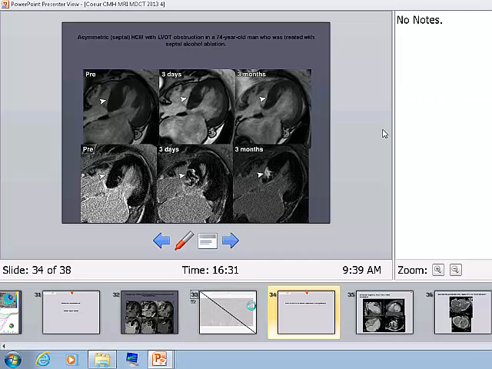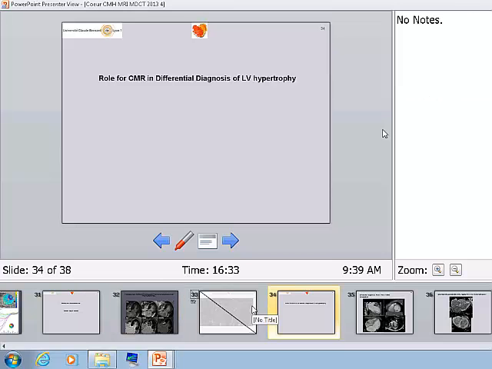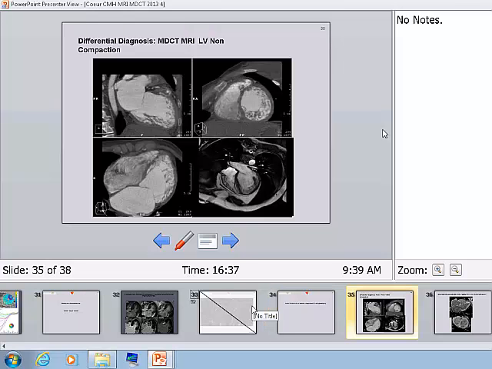What about differential diagnosis? Cardiac MR plays a clear role. This is an example of MDCT, where you can see this striking appearance of non-compaction, which is very clearly defined using MDCT.